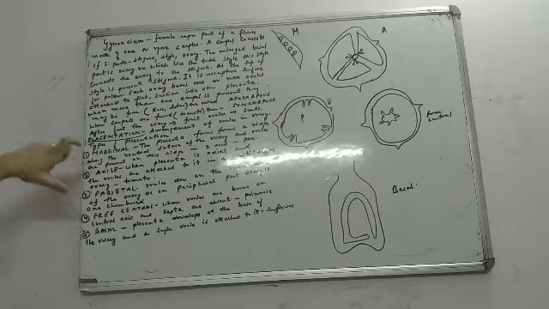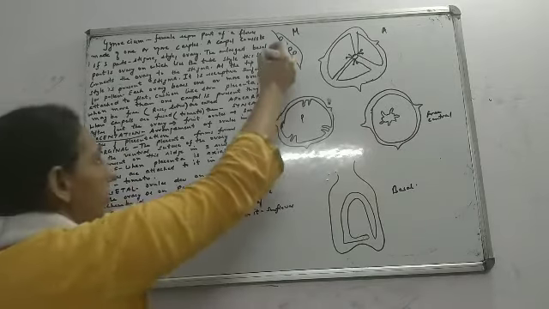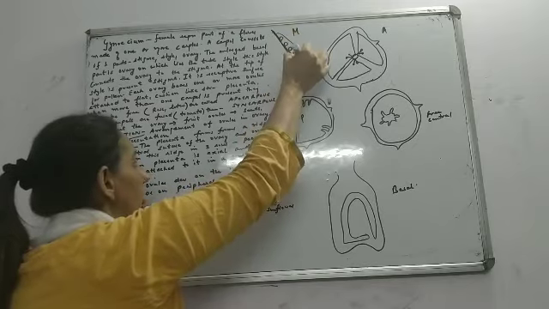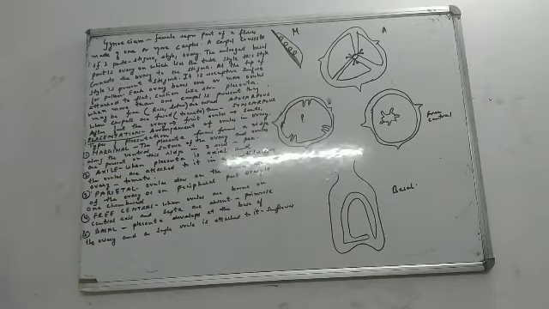The first is marginal placentation. What happens in marginal placentation? The placenta forms a ridge along the ventral suture of the ovary. If you can see this line, this is the ventral suture. Ventral, of course, and suture is a kind of cut. So over here, this is the placenta.